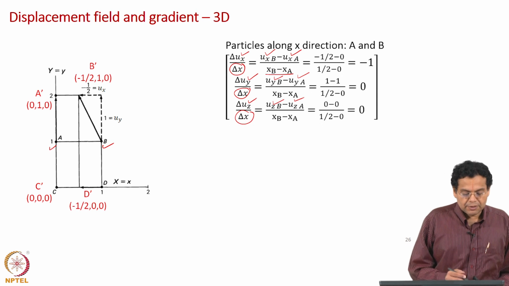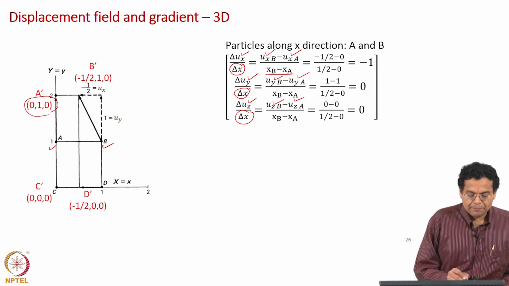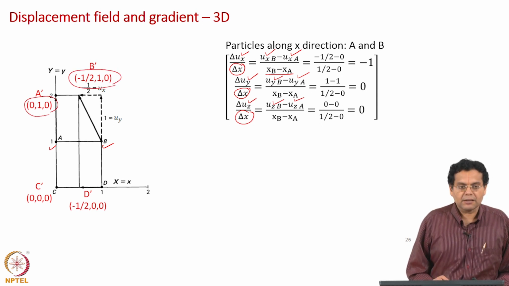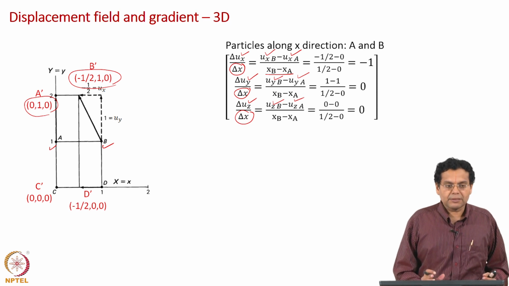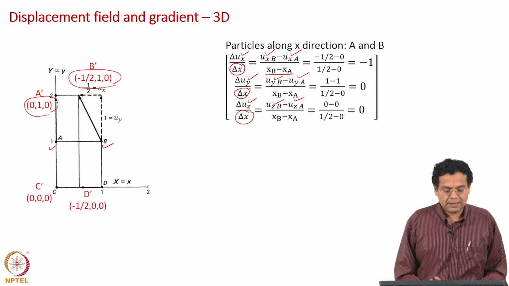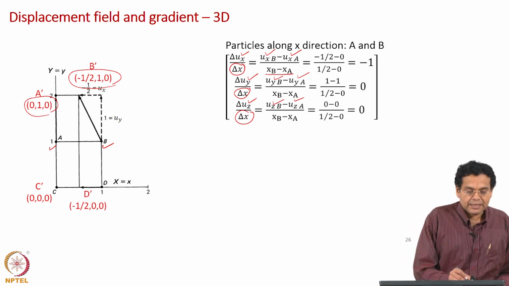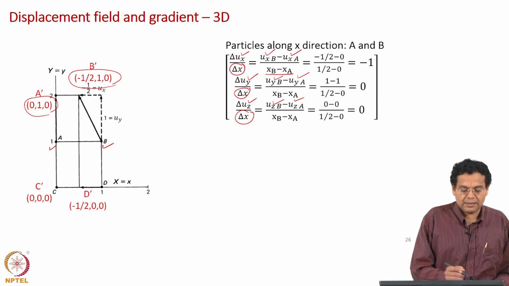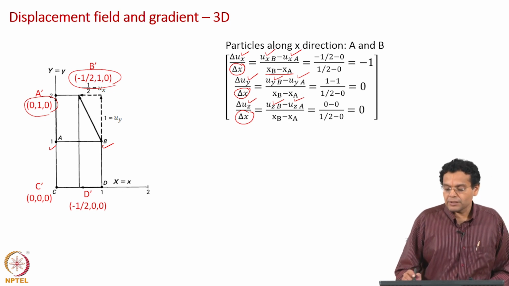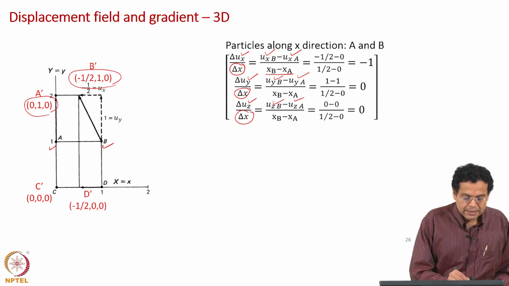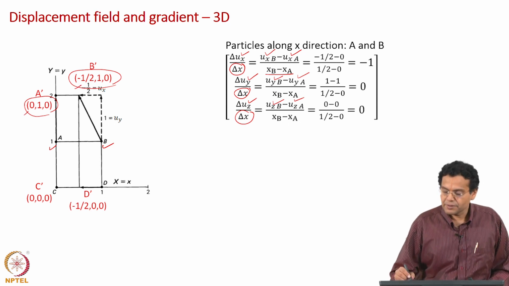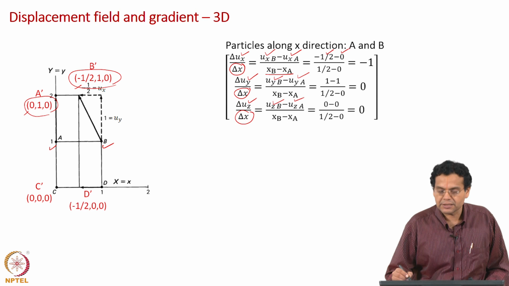Now, remember we said these numbers represent the displacement of the particles along the respective directions, x, y, z directions. So, to evaluate the numerator, it is enough if you look at the difference in the displacement along the respective directions. For the x direction, minus half minus 0, that is what you see here, minus half minus 0.